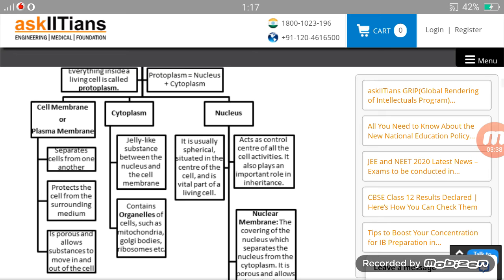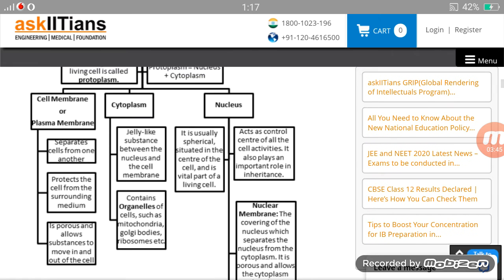Then what is written? Cell membrane or plasma membrane. It is written over here. What does the cell membrane do? It separates the cell from one another. It protects the cell from the surrounding medium. It is written very clearly; I don't think I need to explain it further. It is porous.